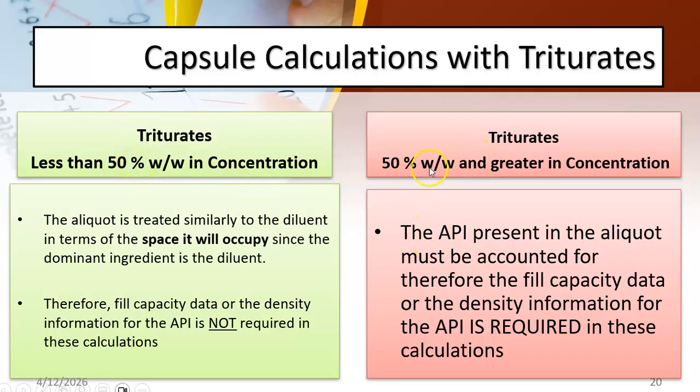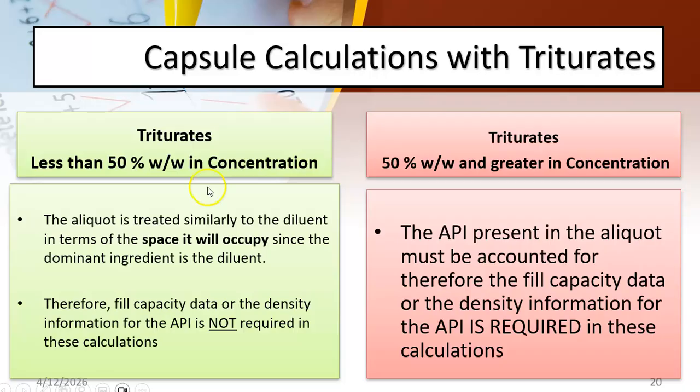If the triturate is greater than 50% or 50% and greater, then whatever drug is present in the aliquot, you will use the displacement data or the fill data or the density data to find out the starch which is represented by that drug, right? You add it to the starch present in the aliquot, and that's what you use in your capsule calculation.